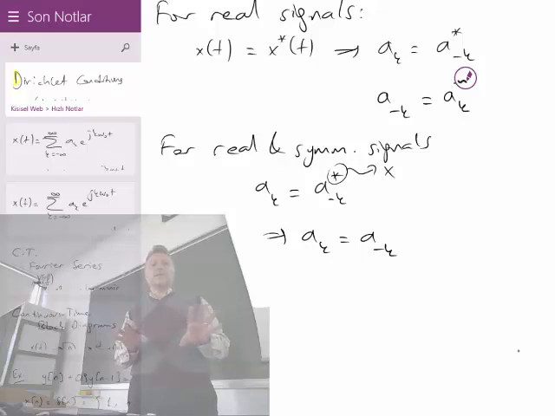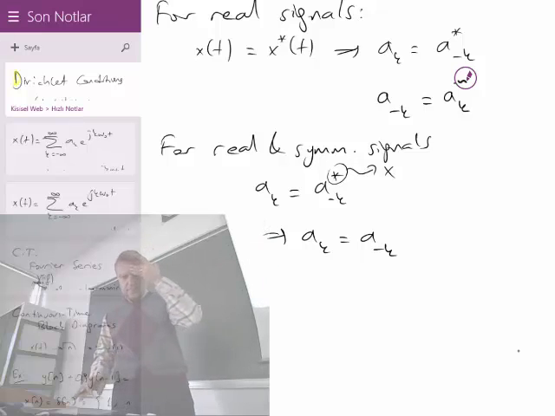These are the best behaving time domain signals that you can think of, because finding a1, a2, a3 is enough to find a minus 1, a minus 2, a minus 3. They are just the same. They are the same from this equation.